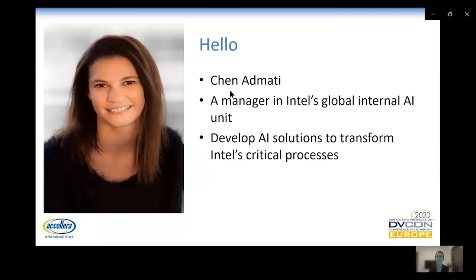We are working across the company in design, manufacturing, sales and marketing, supply chain, and many other areas, with the objective to be able to run the critical processes using AI and eliminate some of the limits that are bounded today. This presentation was developed based on over 10 years of experience building AI software and AI applications.